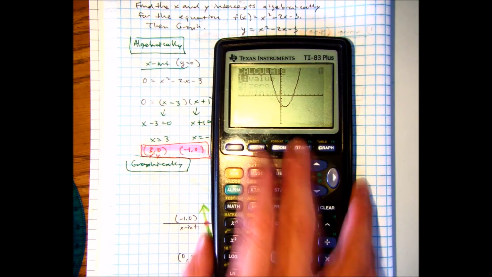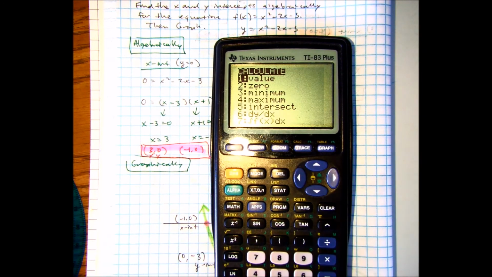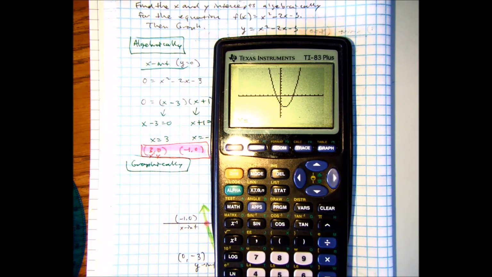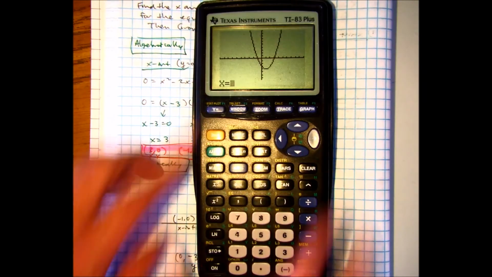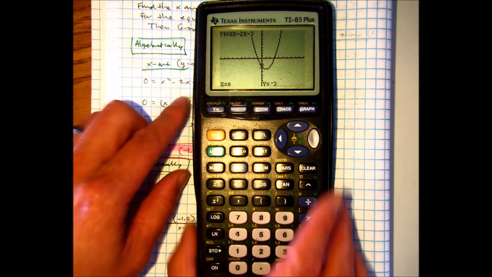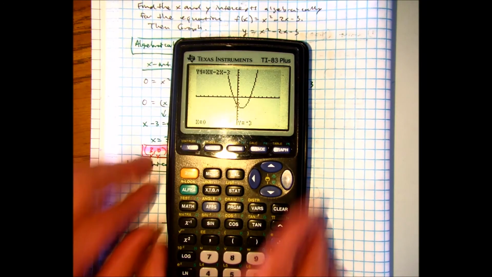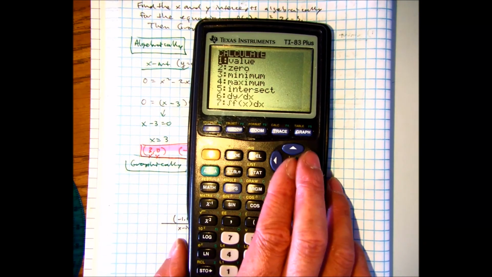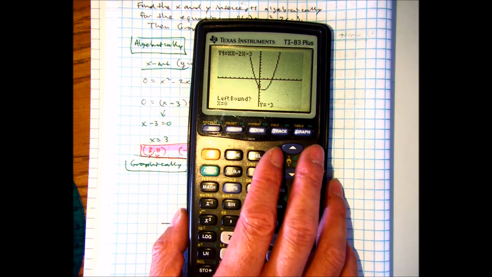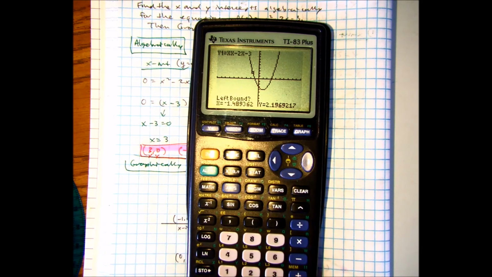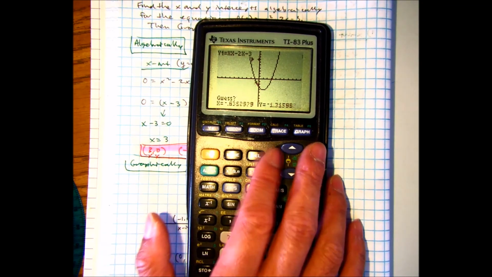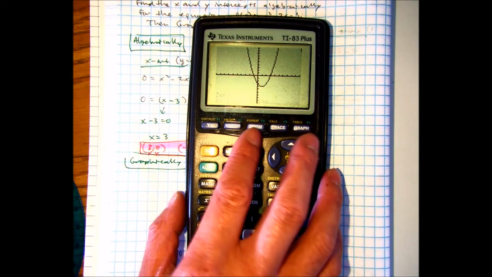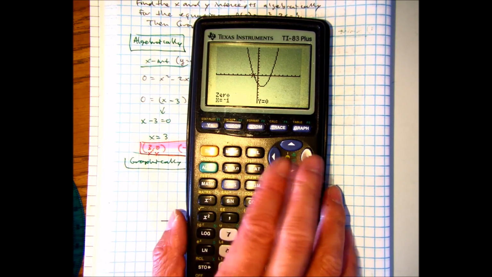I'm going to go to second trace. Let's just say I want my y-intercept. Put in the value. For my y-intercept, I want x equal to 0. Put in 0. Answer, negative 3. 0, negative 3. And then you can go back to do the zeros. I want to go to the left of that point, to the right of that point, and exact, negative 1, 0.